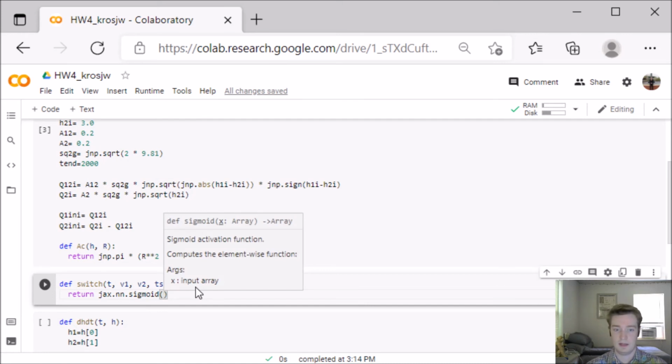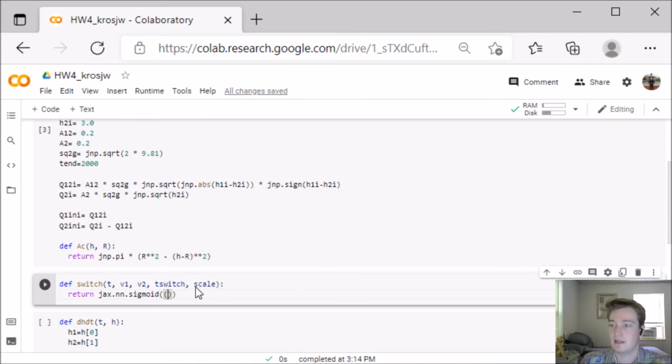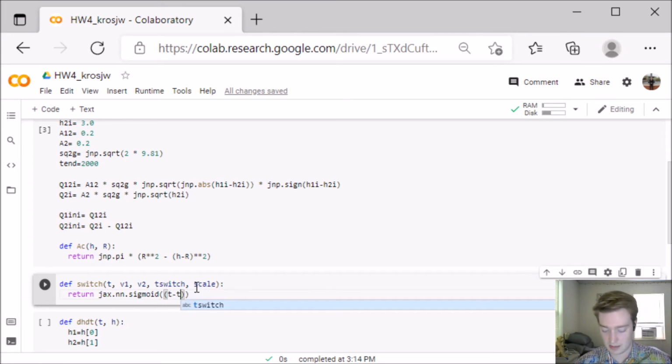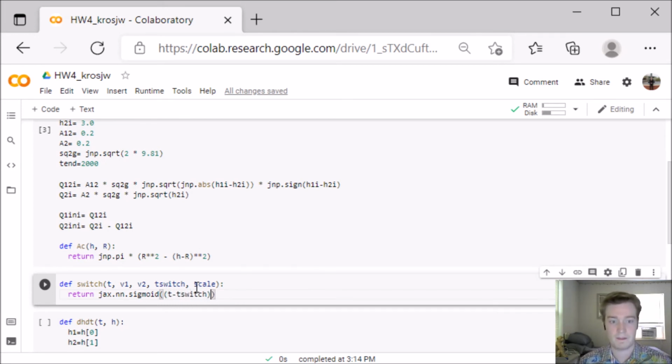All right, now we give it t minus t switch, divided by the scale, and then multiplied by v2 minus v1, close, plus v1, just like that. And what this will do is it will take into account the time at which a flow rate switches, and we're going to use it to model the flow rate respectively.